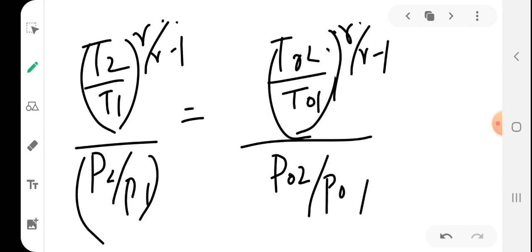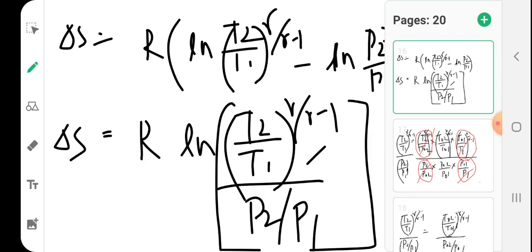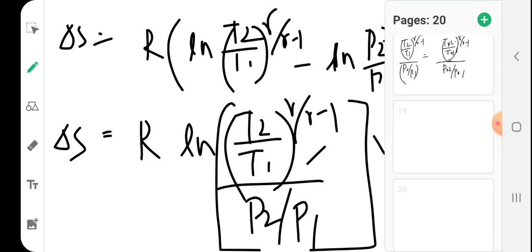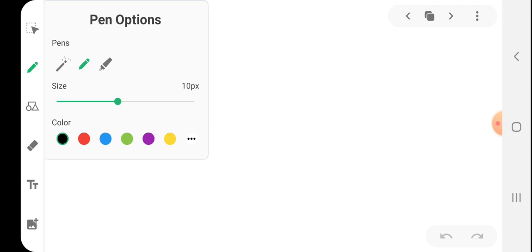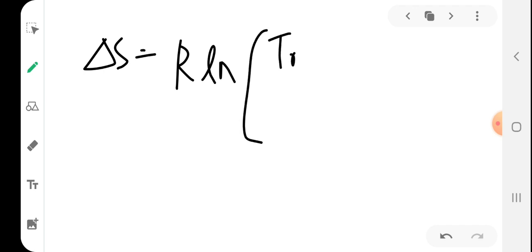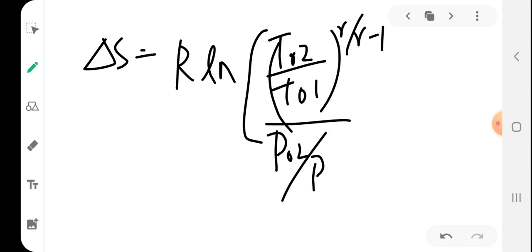So students, I am substituting this equation here: T2 by T1 raised to gamma by gamma minus 1 equal to P2 by P1, in this equation for delta S. So delta S equal to R log of T02 by T01 all raised to gamma by gamma minus 1 by P02 by P01.